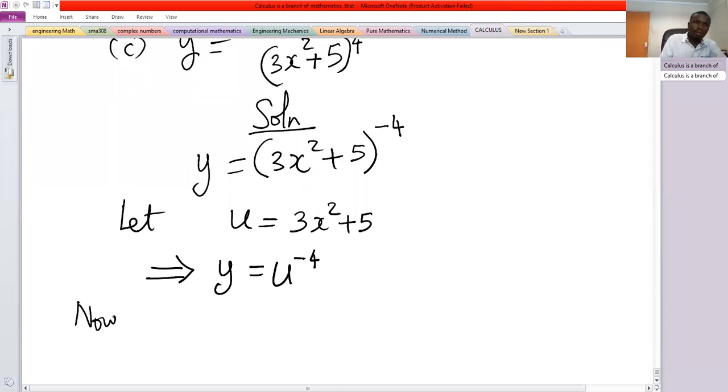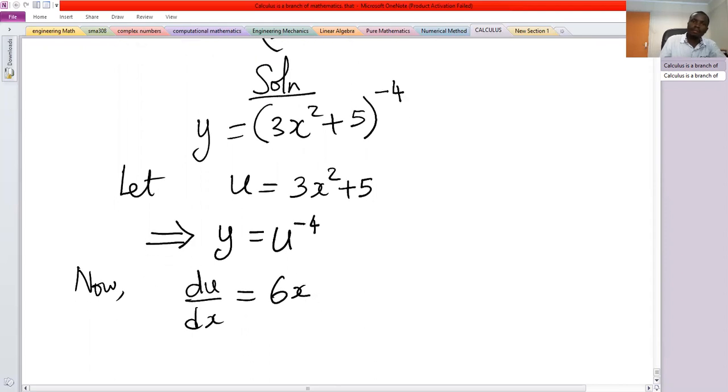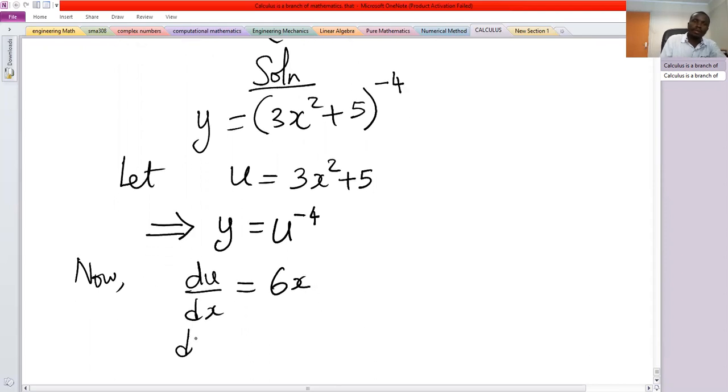Now du dx from this one will be 6x, and dy du from this one will be minus 4 u raised power minus 5.